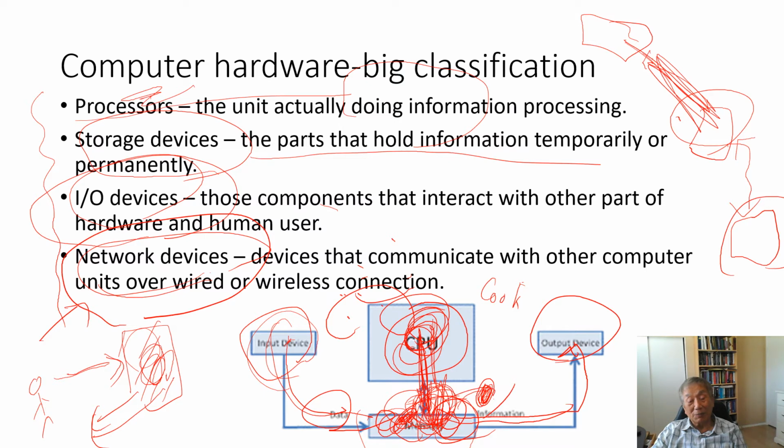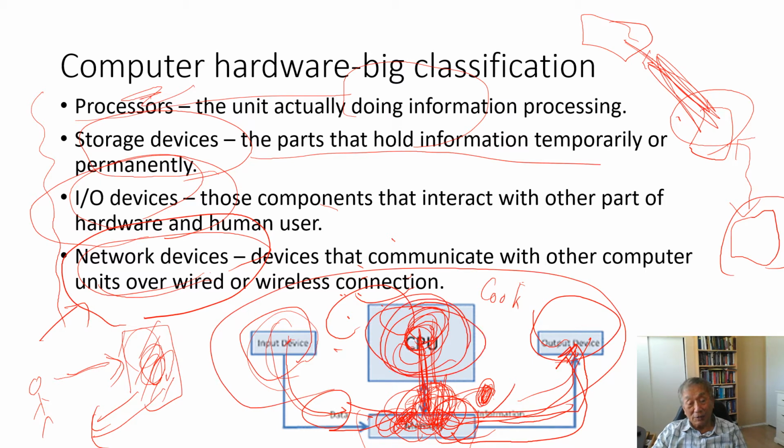Then they take it back immediately, and when you finish the cooking, the final food will be taken out. So that's the input and output, and then a processor who's actually getting some work done, that's the cook. And this is a shelf where all the raw materials to cook are placed or stored. So there are four groups of hardware units that I want to point out.